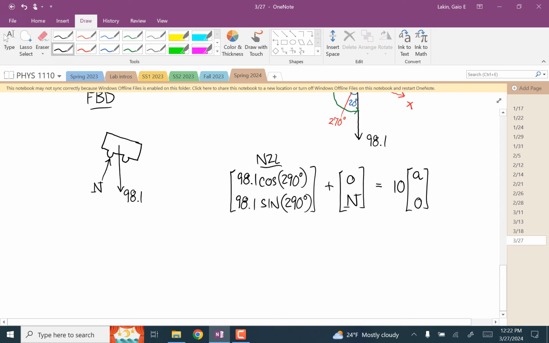So this weight force vector comes out to be 33.52 for x, negative 92.18 for y, plus 0n is equal to 10 times a, 0.